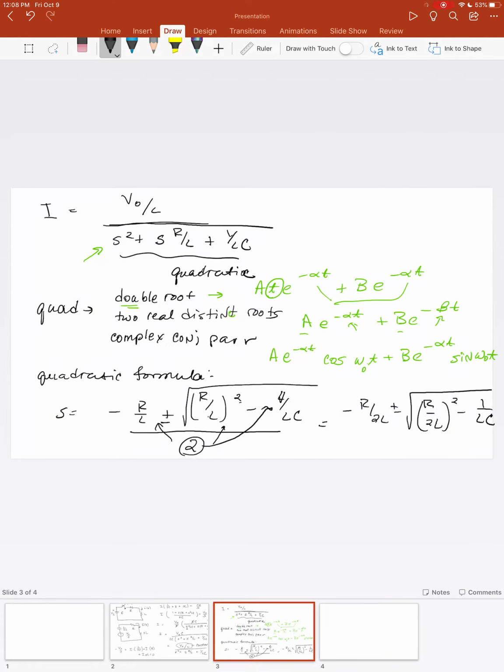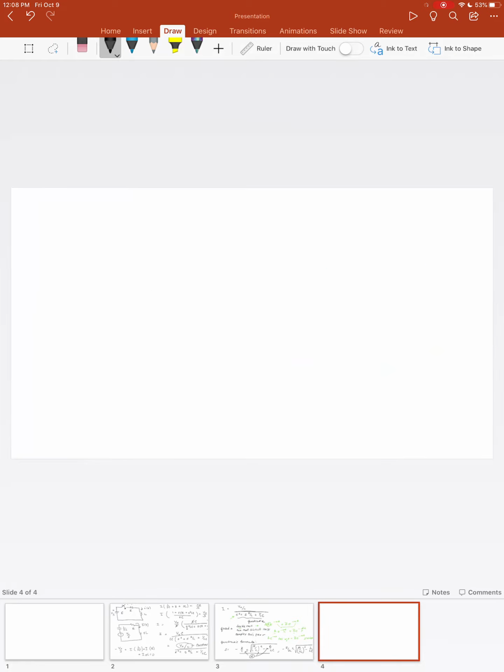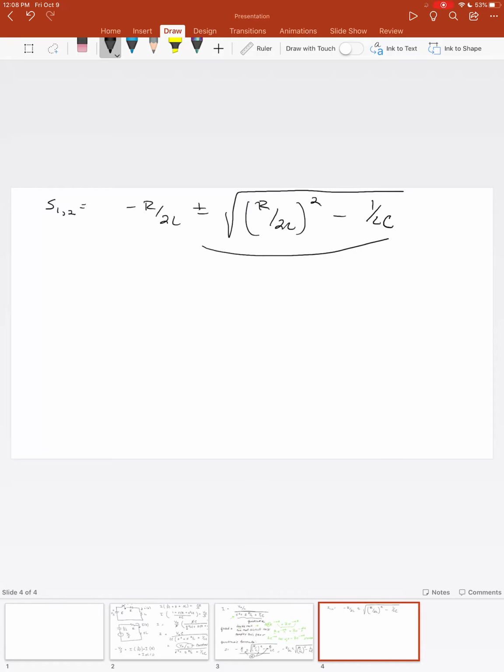Okay, let's add another page, and let's go back. So my roots, which is actually two roots, are minus R over 2L plus or minus the square root of (R over 2L) squared minus 1 over LC. What I want to focus on is this term right here, because it's what's really going to determine the kind of roots that we have.